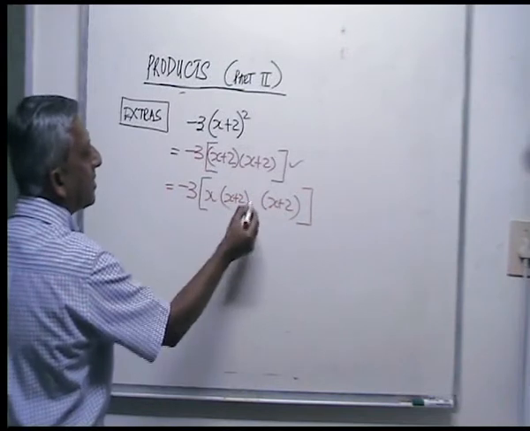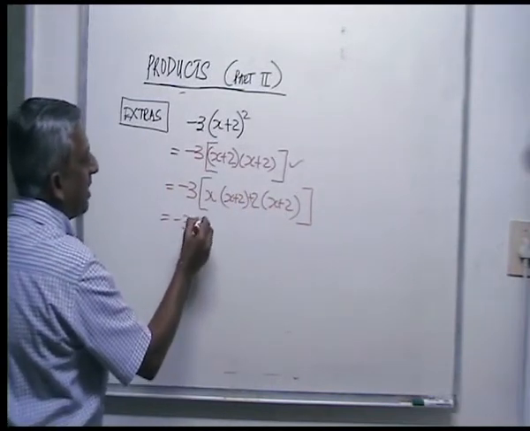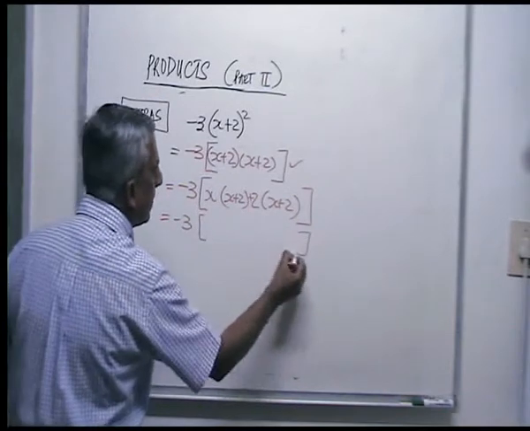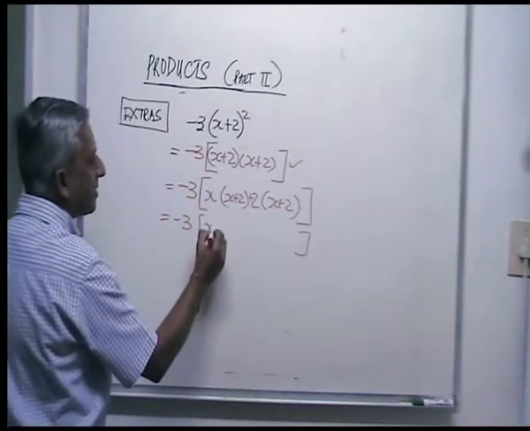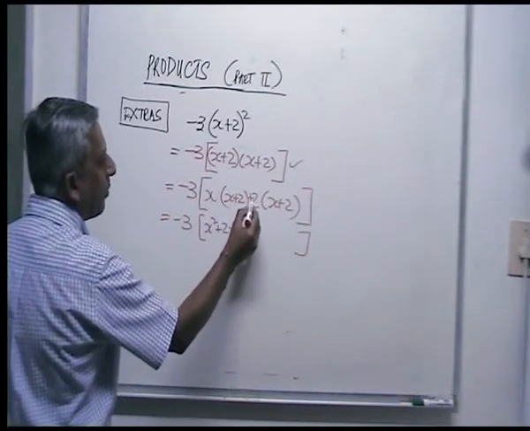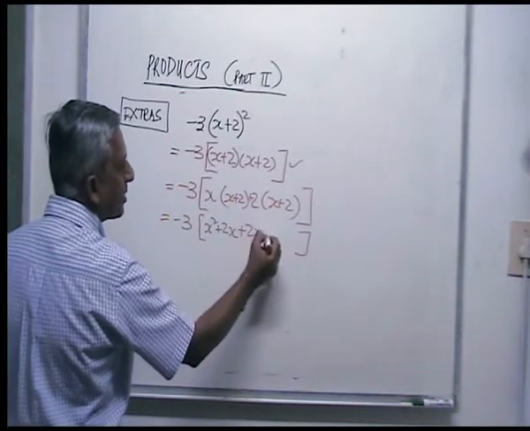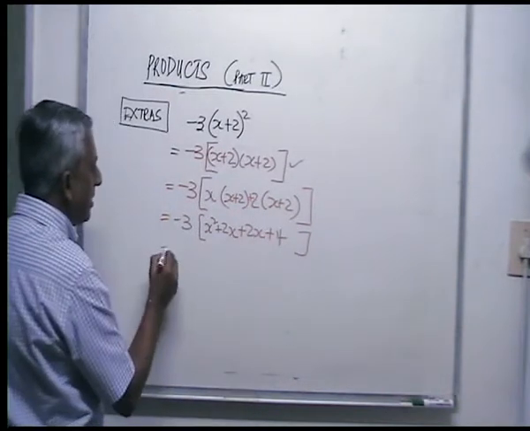In the front here we got x, and in the back here we got plus 2. Bring down that minus 3, and then you multiply x times x, x squared, x times 2, plus 2x. Plus 2 times x is plus 2x, plus 2 times plus 2 is plus 4.